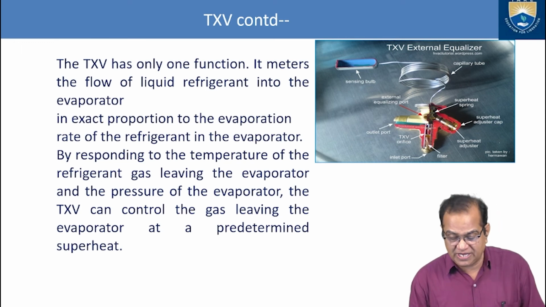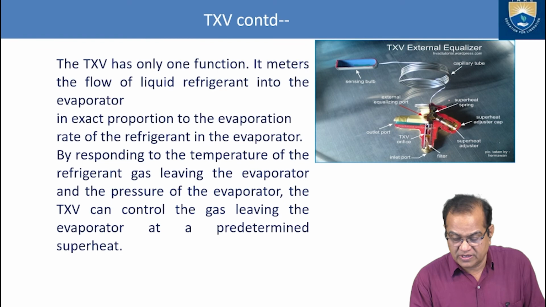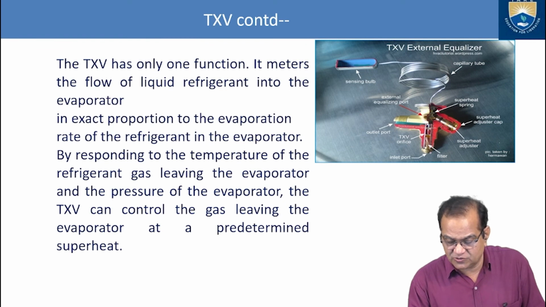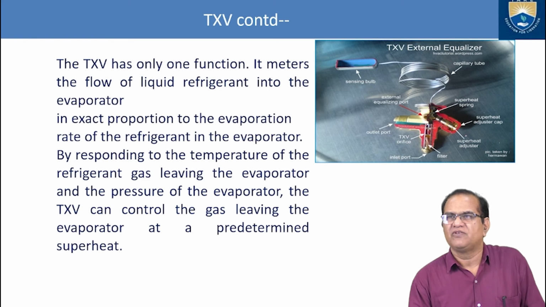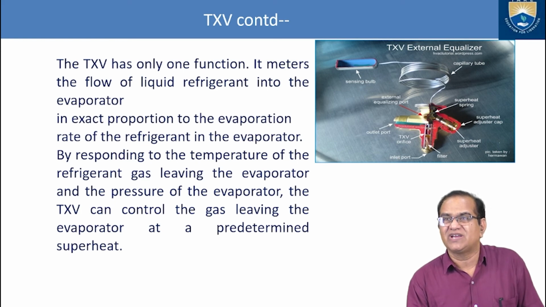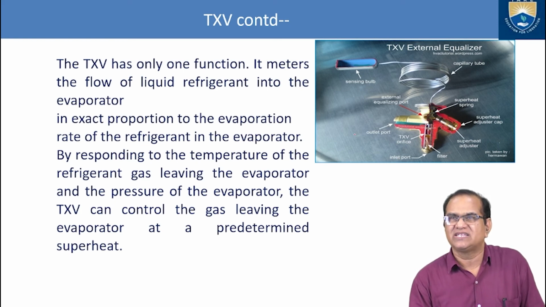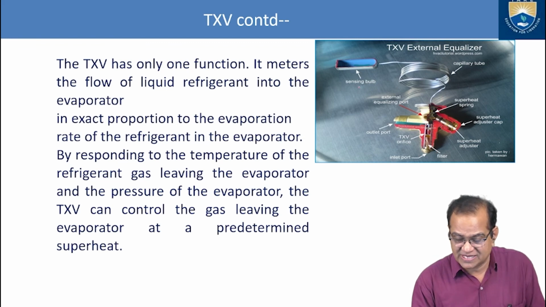If you see here, we have the expansion valve. We have a filter, and we have the inlet port. We have the superheat adjuster here, where we can adjust how much is required. Here is the outlet port, superheat spring, superheat adjuster, filter, and here is the sensing bulb.